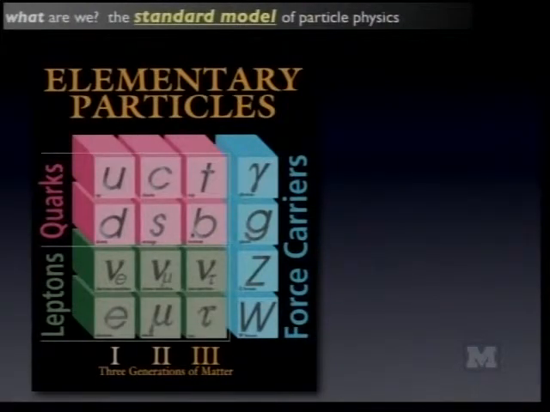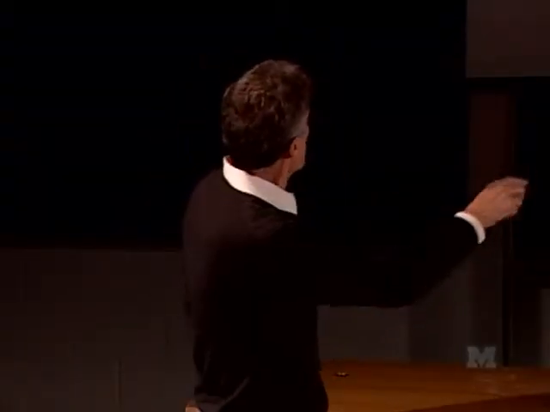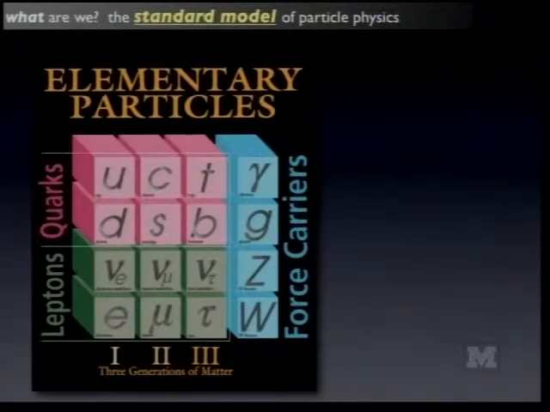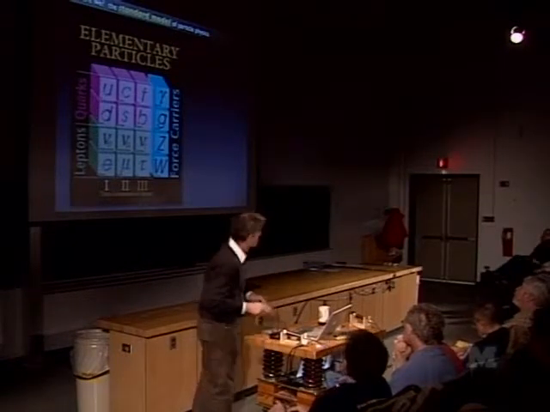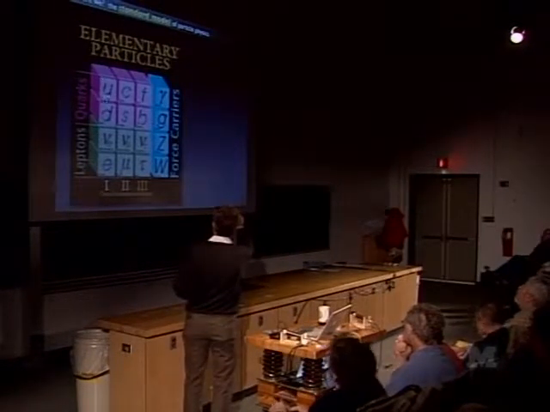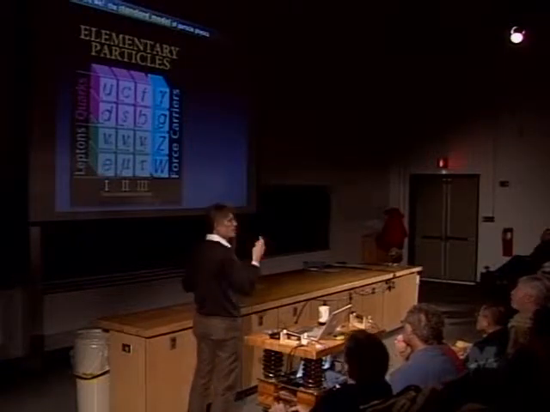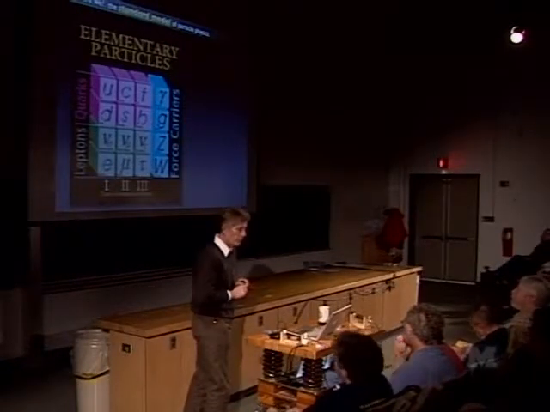If you do what the ancient Greeks wanted you to do, take a piece of wood, break it up, keep going down, down, down, ultimately you get to atoms which have electrons surrounding nuclei made out of quarks. And all of this stuff that's in the room right now is made of up and down quarks and electrons. And there are neutrinos streaming around, but they don't do much. They don't interact very much.